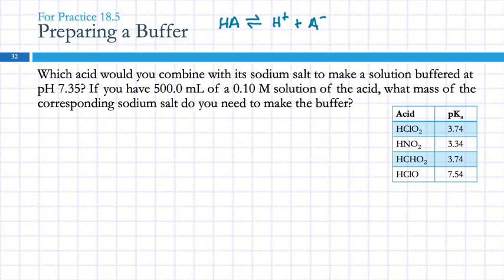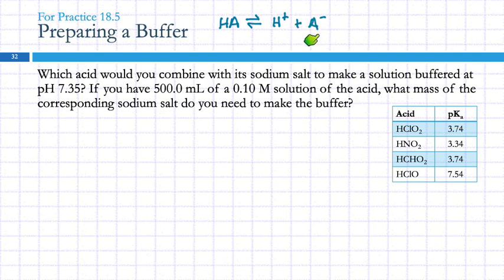And to make this buffer, we need the weak acid and its conjugate base. Can we add just anions to a solution? No, we can't. You can't have a beaker of just negatively charged things. Nature really hates that when you separate charges. Think lightning, right? They get back together forcefully.